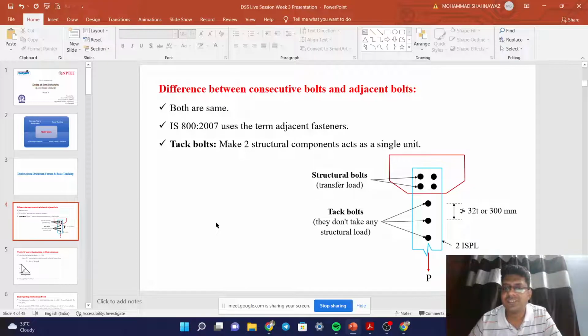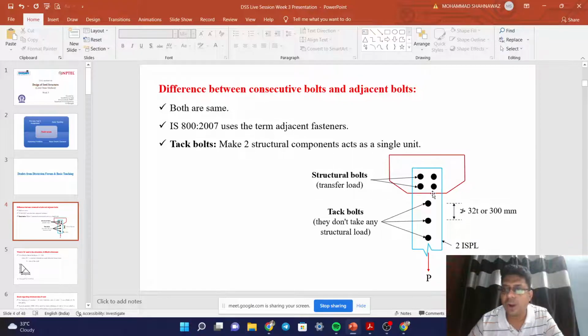One type of bolts are called structural bolts. Here you can see that these bolts are structural bolts. Let us consider that there are two Indian standard plates placed back to back on both sides of the gusset plate. These four bolts are connecting these plates to the gusset plate. This is the gusset plate and this is our main plate.